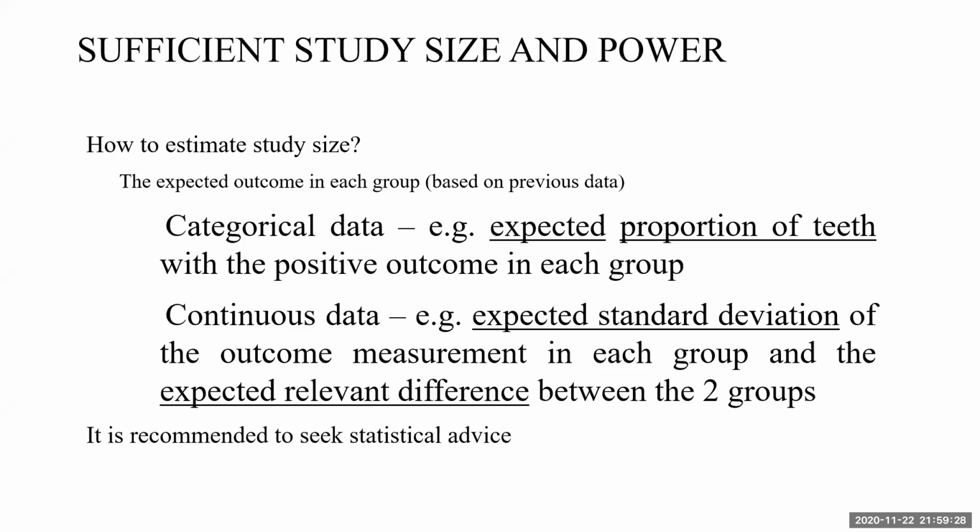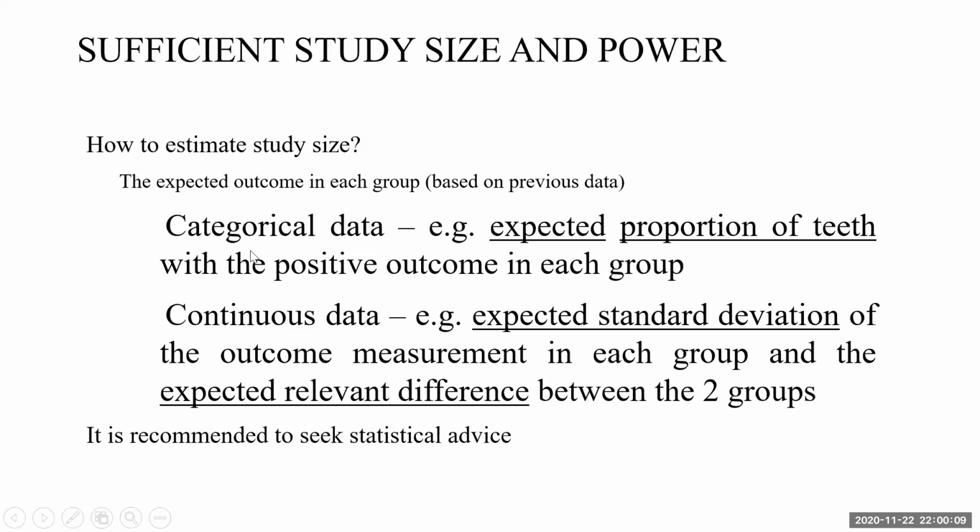For example, in studies dealing with categorical data, you need to expect the proportion of teeth with a positive outcome in each group. For example, I expect in my study that one group will give me a success rate of pulp survival of about 70% after 1 year, and the other group will give me 90%. So the difference I expect is 20%.